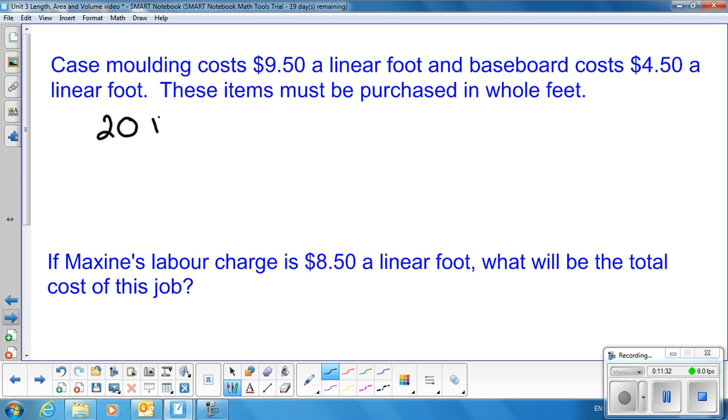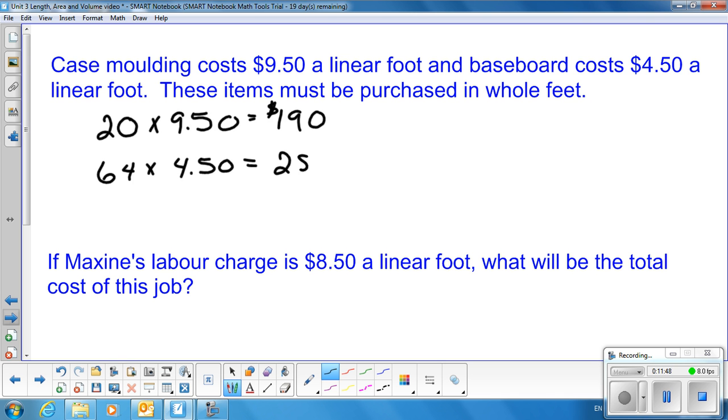Those 20 feet each cost $9.50, so we need a total of $190 to purchase the casing. For the baseboards, we need 64 feet at a cost of $4.50 for a total of $288. Adding those two together gives us a total material cost of $478.